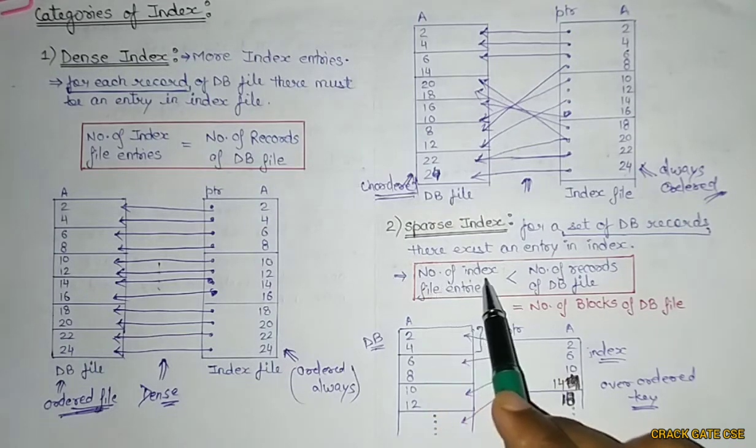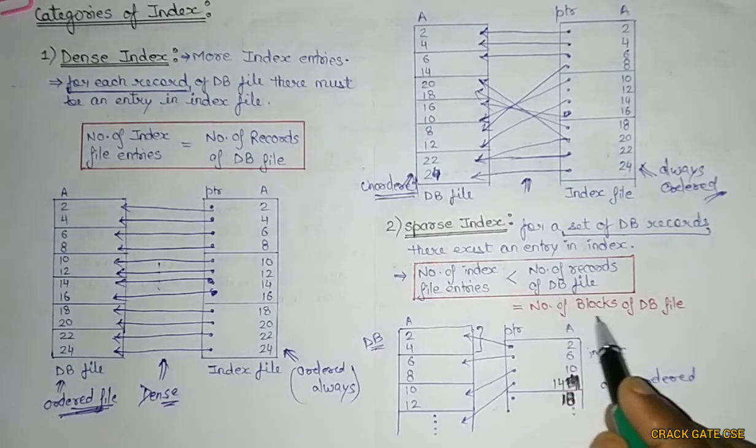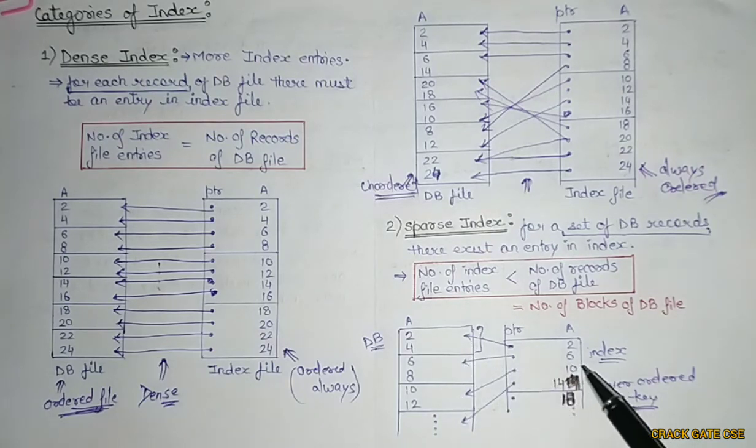That means the number of index file entries is less than the number of records of the database file. Now, whatever the number of blocks we are having in the database file, that many index entries will be there, because for each block we are having one entry. So for these 3 I'm having these 3 entries and so on. I hope you got an idea how things are working under the categories of index.